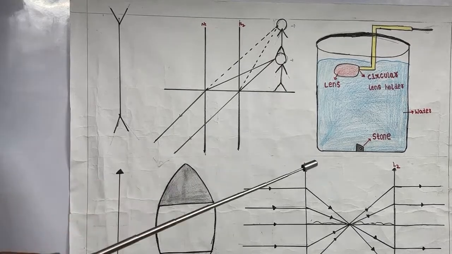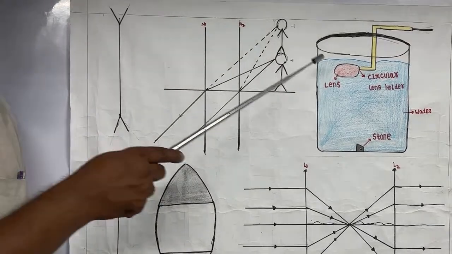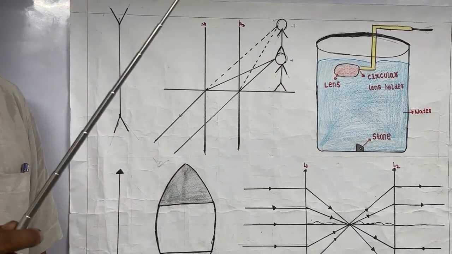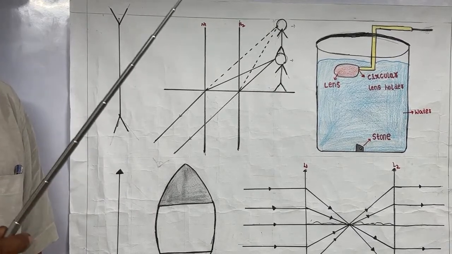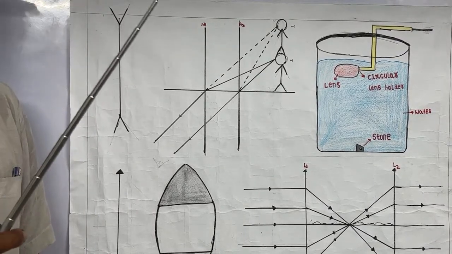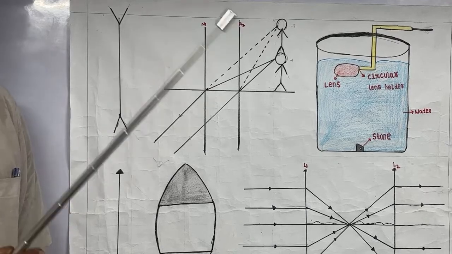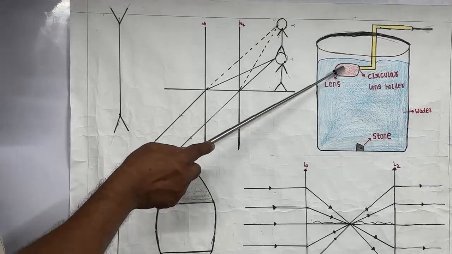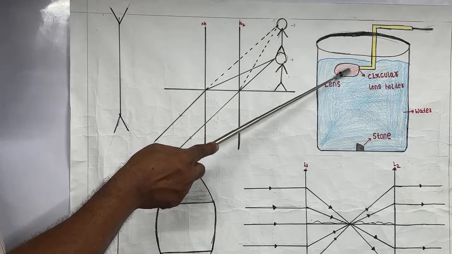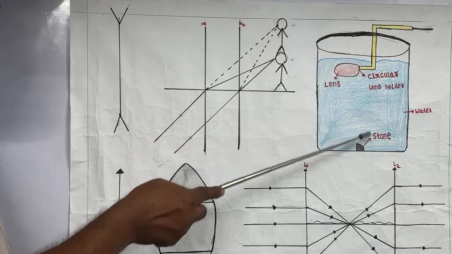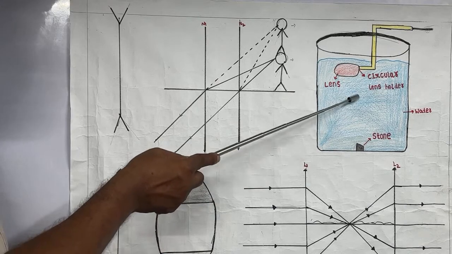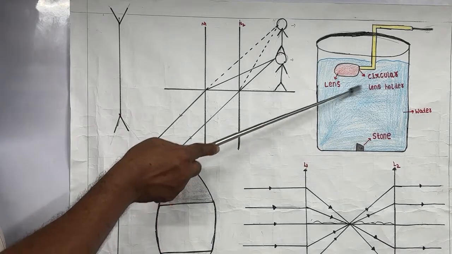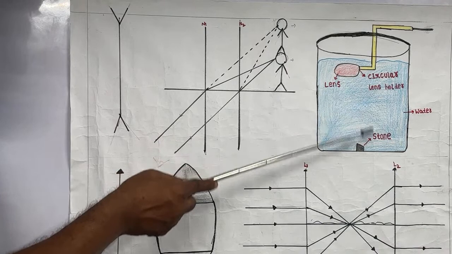That means with that lens, the object we keep 15 centimeters away from the lens gives the image. Automatically that is the focal length of the convex lens. Now I try my best to keep the distance of the stone at 15 centimeters from the lens, which is originally the focal length of the lens.